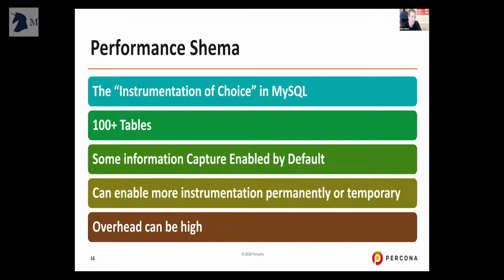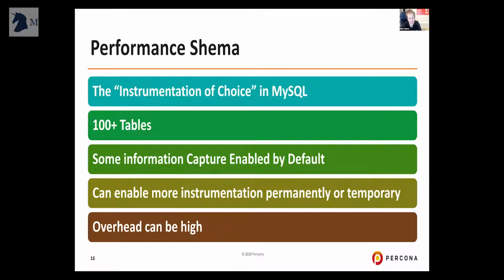It has, over the years, grown to more than 100 tables with various data, and it is also flexible, where some information is captured by default, and you can enable and disable more instrumentation, which can be done permanently or temporarily.